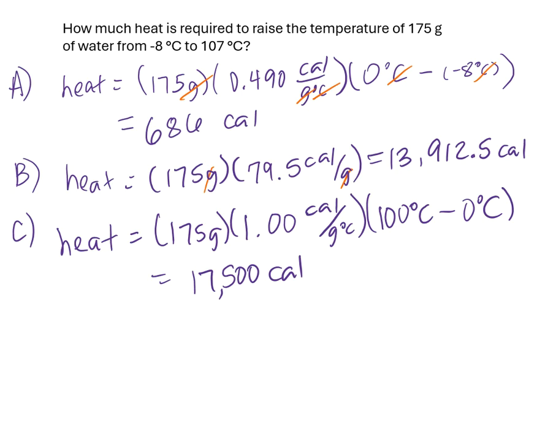Because once we reach 100 degrees, we're now at the point of vaporization. So now we're at the point in which this liquid is ready to be converted to gas. So we can use equation 3 now. We still have that same mass, 175 grams, because that's our sample size. But now we've reached a point of vaporization. So now we have to use the heat of vaporization. And the heat of vaporization is 539 calories per gram.